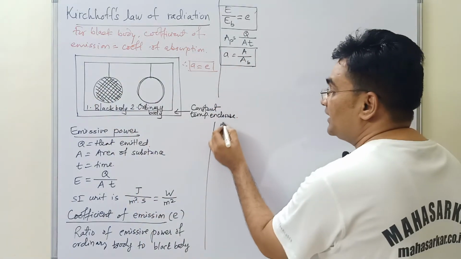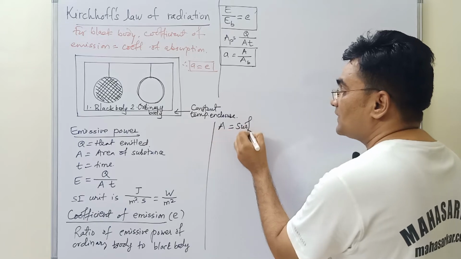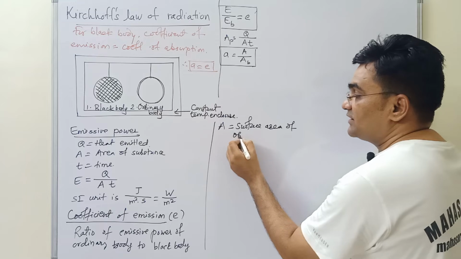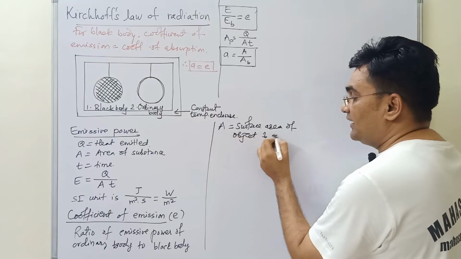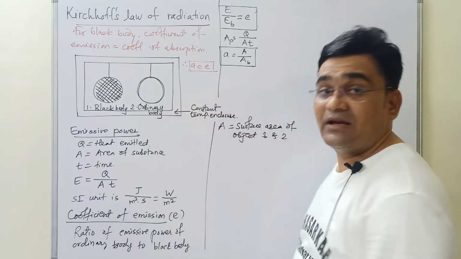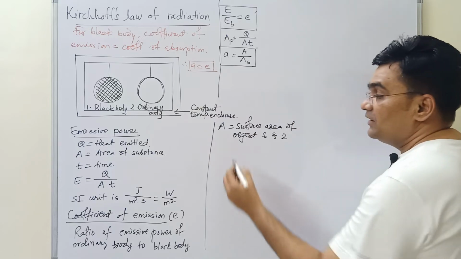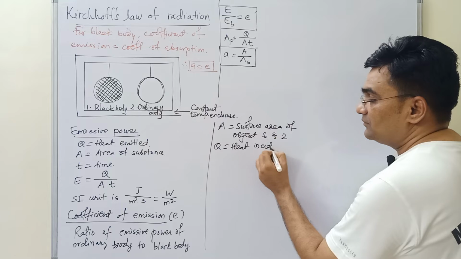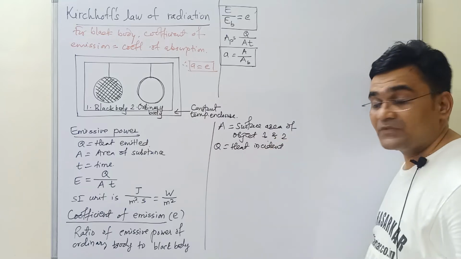So let A be the surface area of objects 1 and 2. 1 is the black body and 2 is the ordinary body. Let Q be the heat incident on both objects.